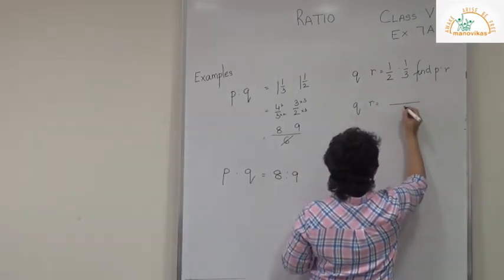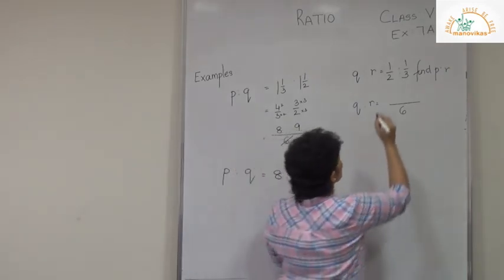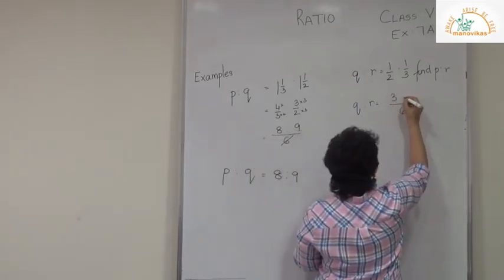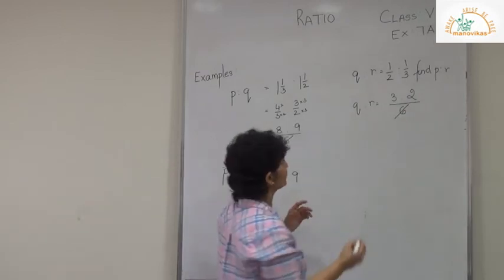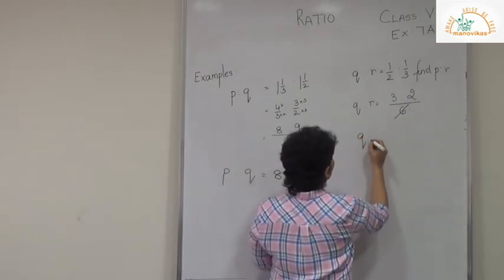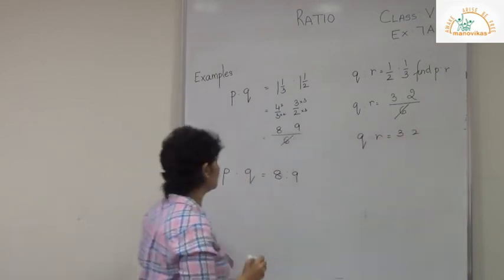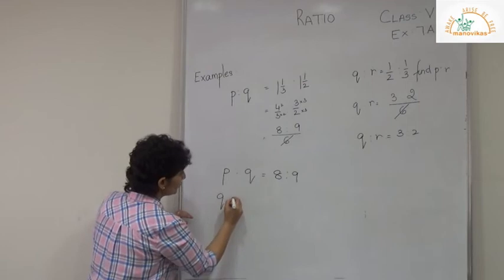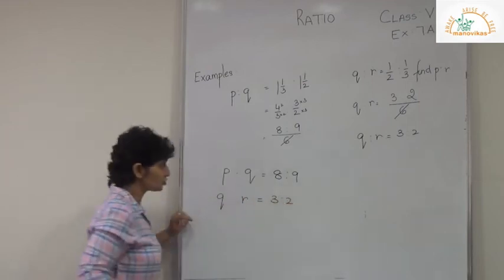Again, 6 is my denominator. 2 3s are 6. 2 will go 3 times, 3 will go 2 times. Ignore 6. So Q is to R is equal to 3 is to 2.